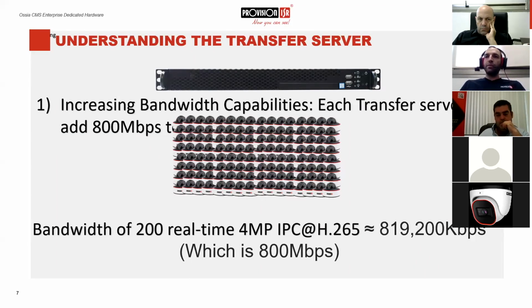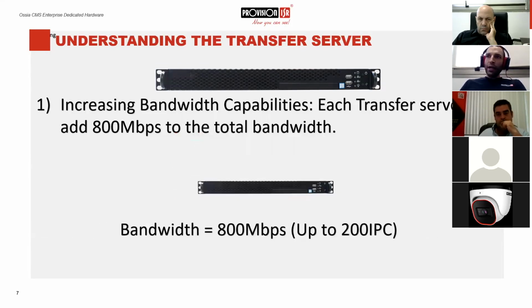If we have more than 200 cameras, we need to increase the bandwidth. Increasing the bandwidth is done with a transfer server. So one transfer server, and like I said, each device has one transfer server built in, is about 200 IPC. I'm talking about 4 megapixel real time. Of course, different cameras, different resolutions, different bandwidth. This is just a sample.